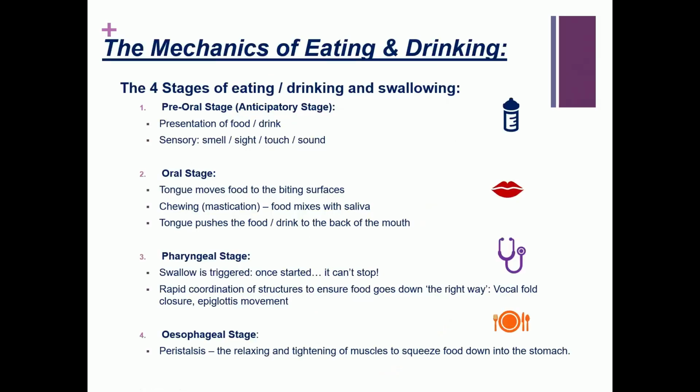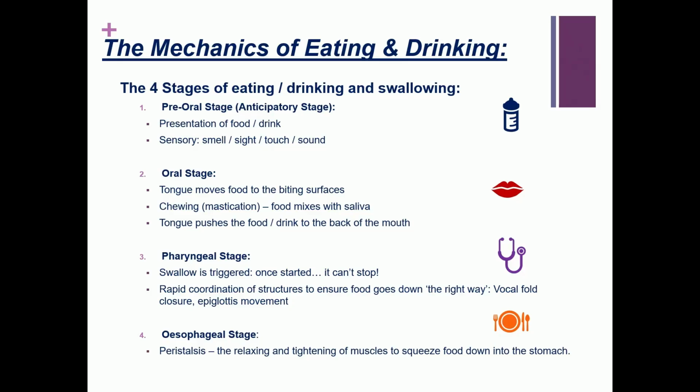So when we're talking again about the normal or typical mechanics of eating and drinking, there are 4 stages that we generally identify. The first one being the pre-oral stage or anticipatory stage, and that's when you're showing or looking at your food and drink.